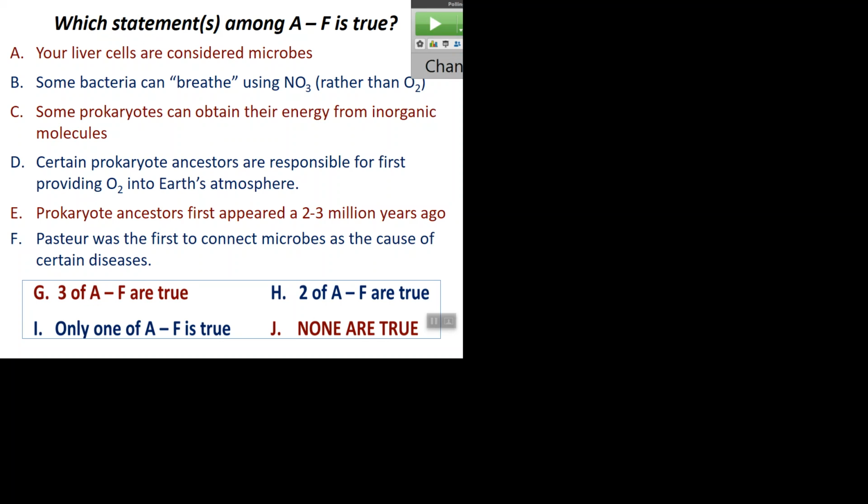What's an example of a molecule C that a prokaryote can use in that way? An inorganic source. What do you know? Methane, possibly. H2S, yes.